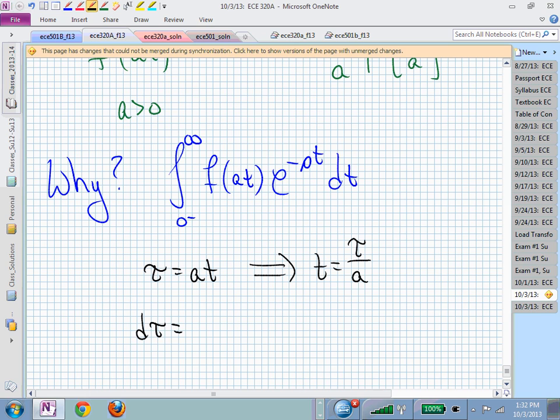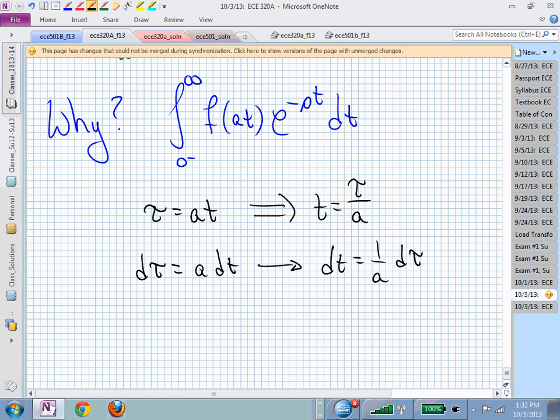And d tau is just a dt, so anywhere we see a dt, that's just 1 over a d tau.